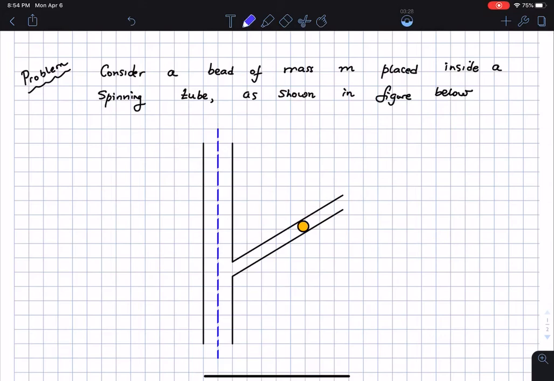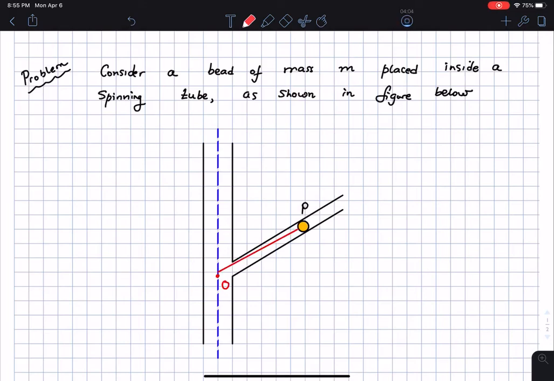And let's say that the bead itself is called the point P. This has a mass m as we have specified in the problem, and this point here I'm going to call point O. That is the point on the tube, a fixed point, of course. I'm going to draw a line from the point O to the point P, and that's going to be defined by a position R.